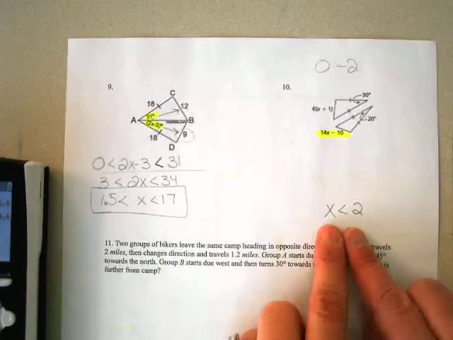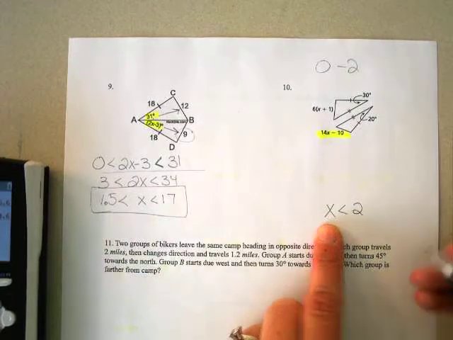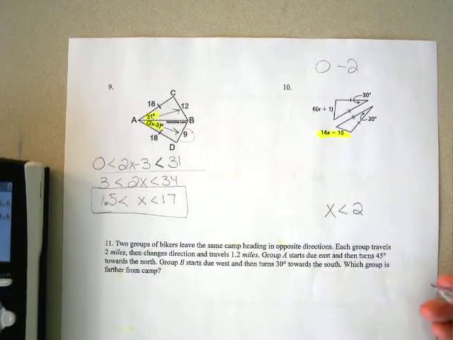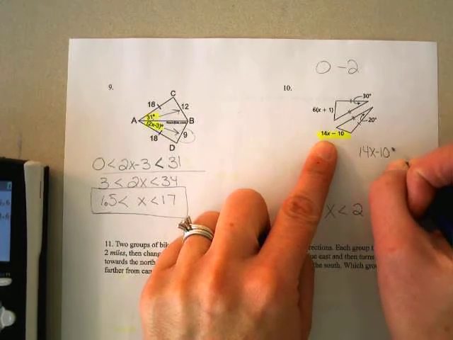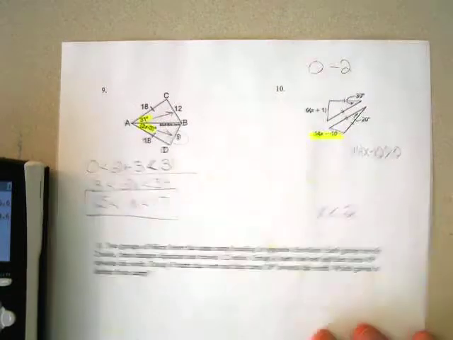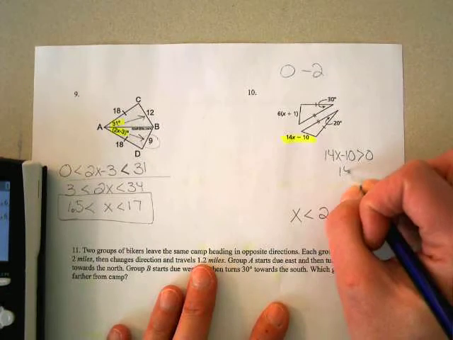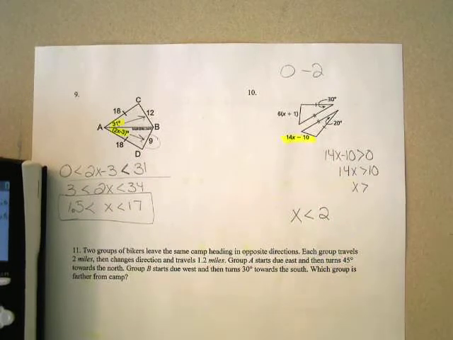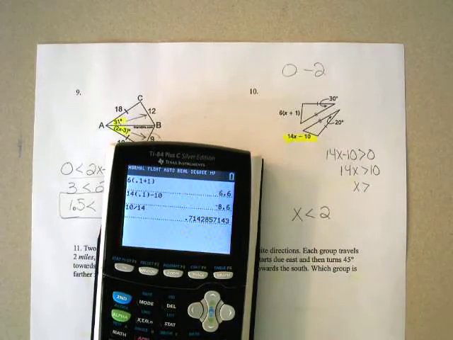Does anybody need me to show how to get to this number? Okay, so now what you need to do is make a separate inequality. You don't want that to be 0, so let's call it greater than 0. You move the 10 over, you divide by 14. We can round this, I think, for our sake.